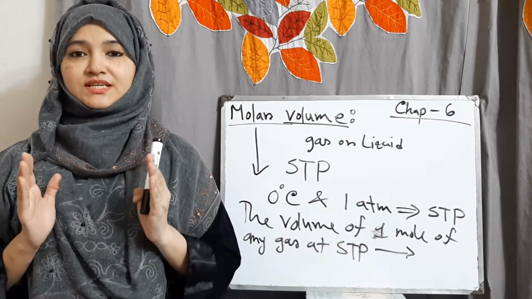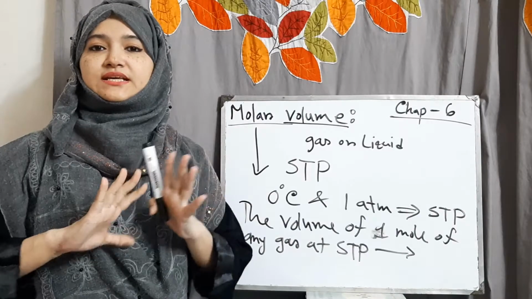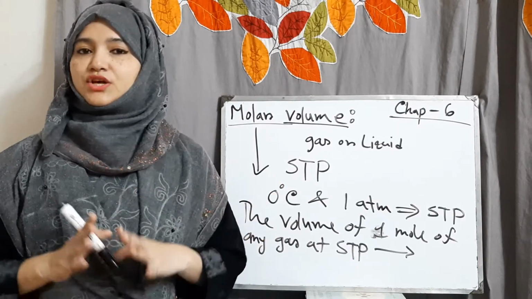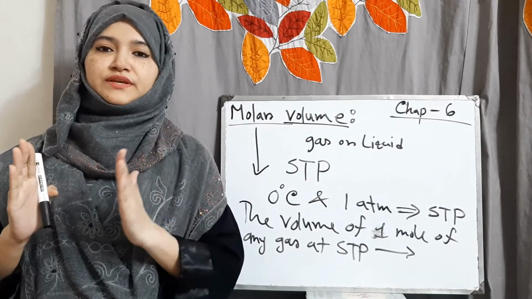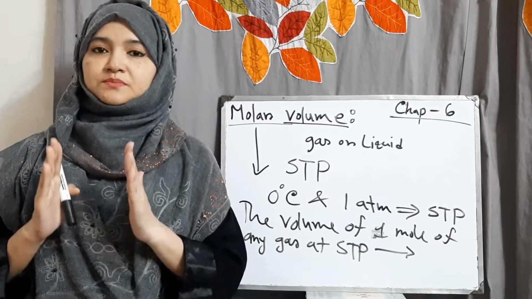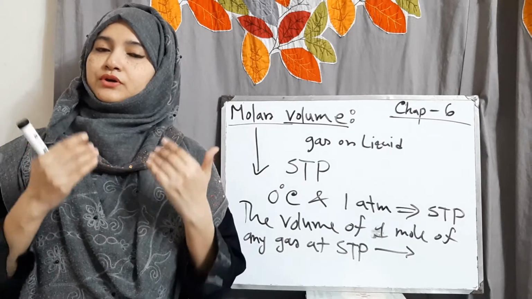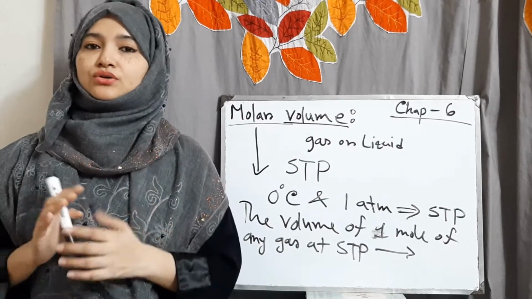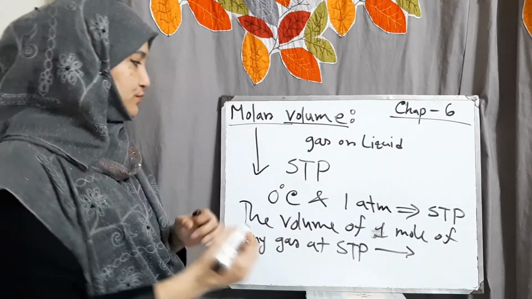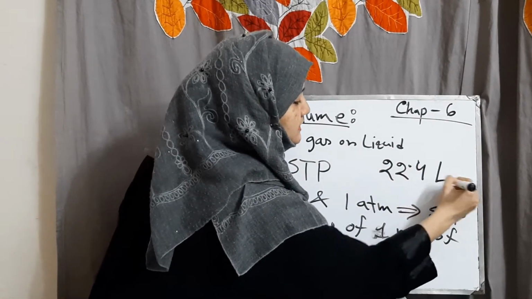That is a constant value for oxygen gas, hydrogen gas, carbon dioxide gas, ammonia gas, for all gases. If we take 1 mole of any gas at STP, the molar volume is always 22.4 liter.